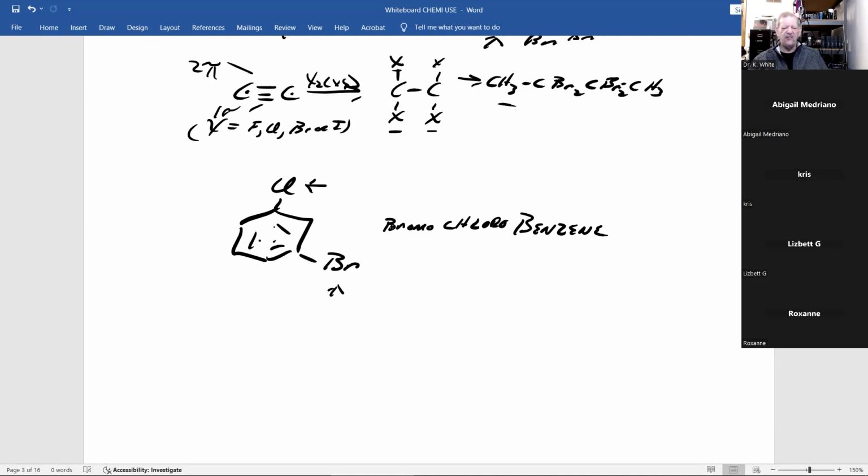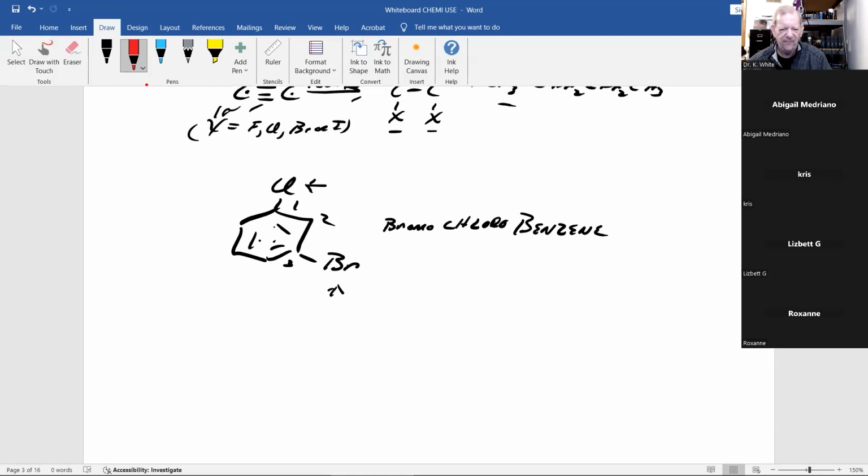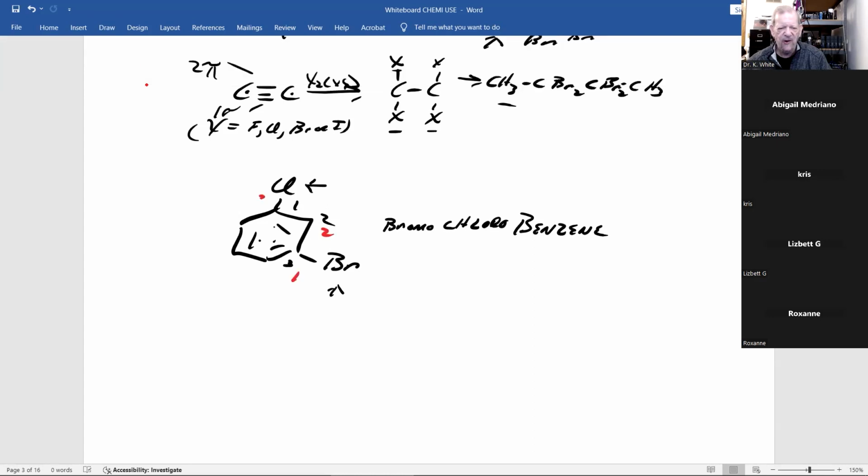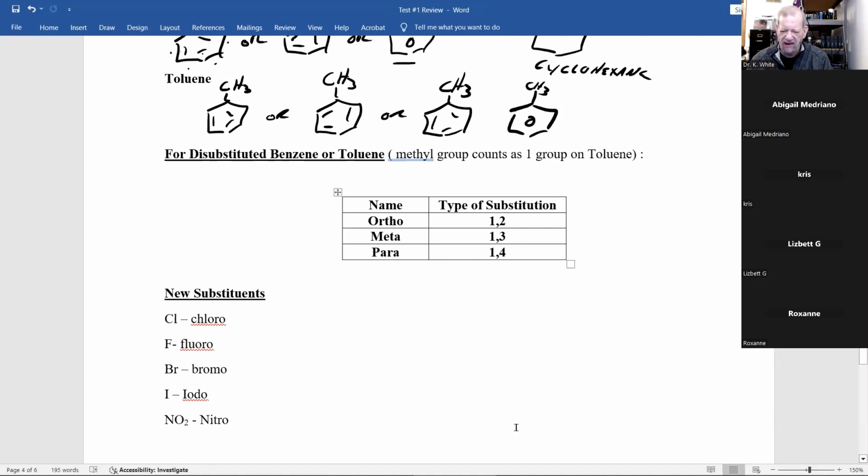Now, it doesn't matter in this case which one you call 1. And if I did it the other way, remember you go in the direction clockwise or counterclockwise, give the lowest numbers. Both of those are 1,3 disubstituted. And if we go back to the other chart, 1,3 would be meta.